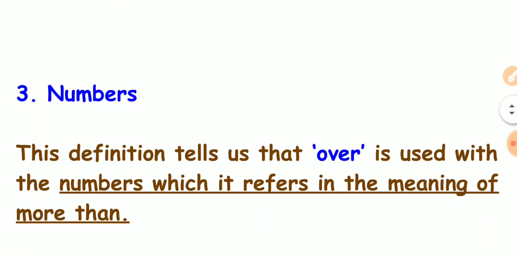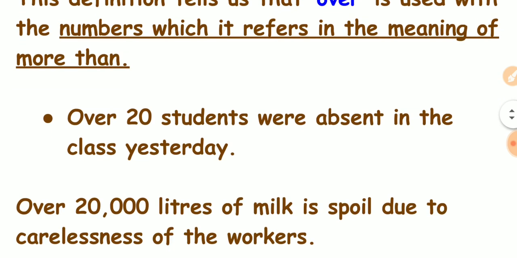And let us go with the third usage of over, similar to what you can call above. The third usage of over is with numbers. This definition tells us that over is used with numbers to refer to the meaning of more than.